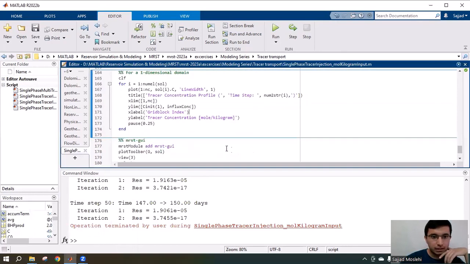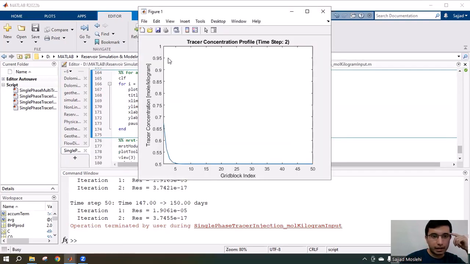I closed it, so let's see it again. As you see, water is being injected into this cell and produced from this cell. And the concentration of the tracer in the injected water is higher, and so its concentration is increasing in this side of the domain. All right, very good.